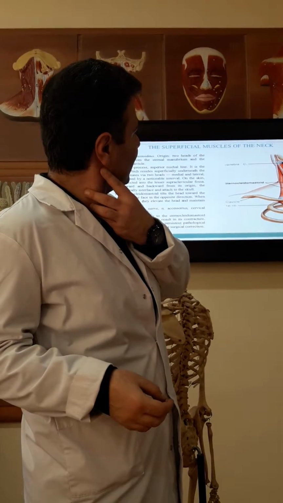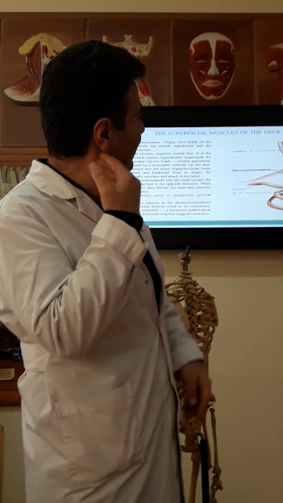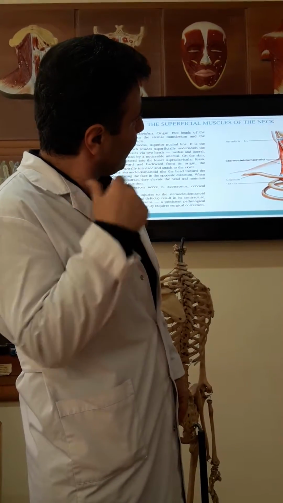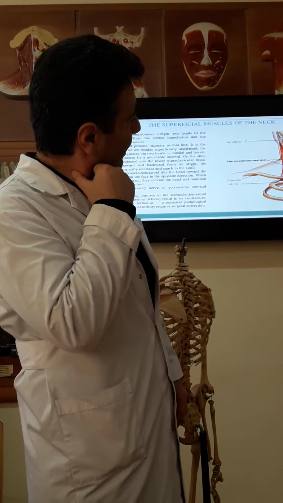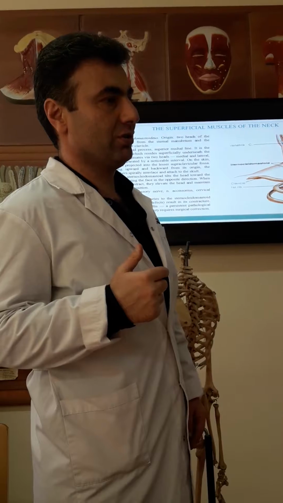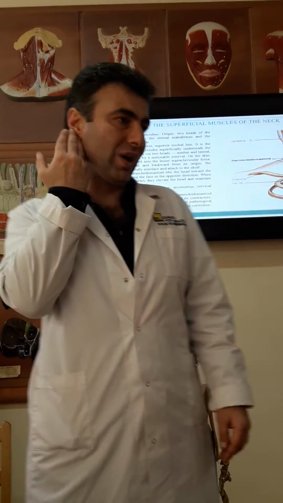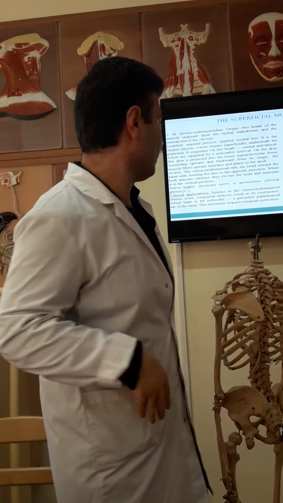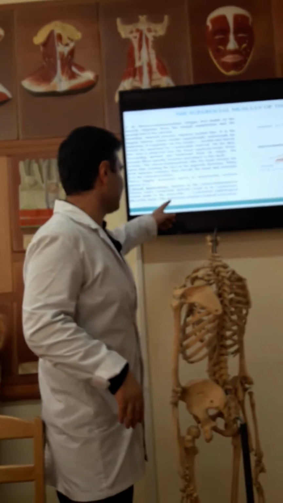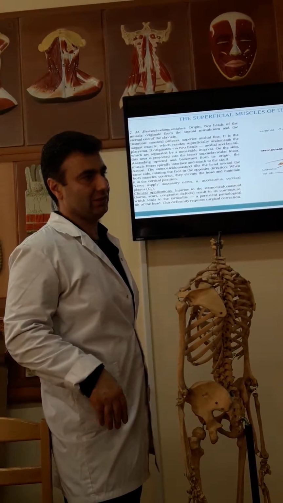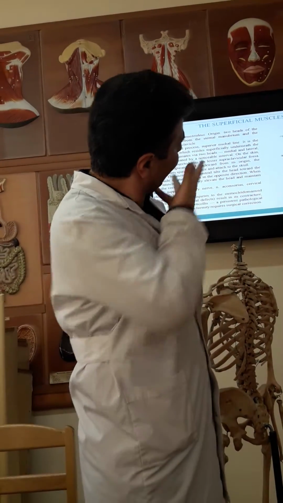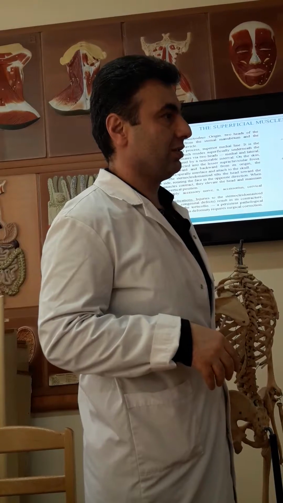Let's say if you see a person in that position, in whichever side the head is tilted, in that side the sternocleidomastoid muscle is damaged. If we have one-sided damage of the sternocleidomastoid muscle, it gives the special symptom which we call torticollis. It means the head is tilted in this position, the face goes to the opposite side.